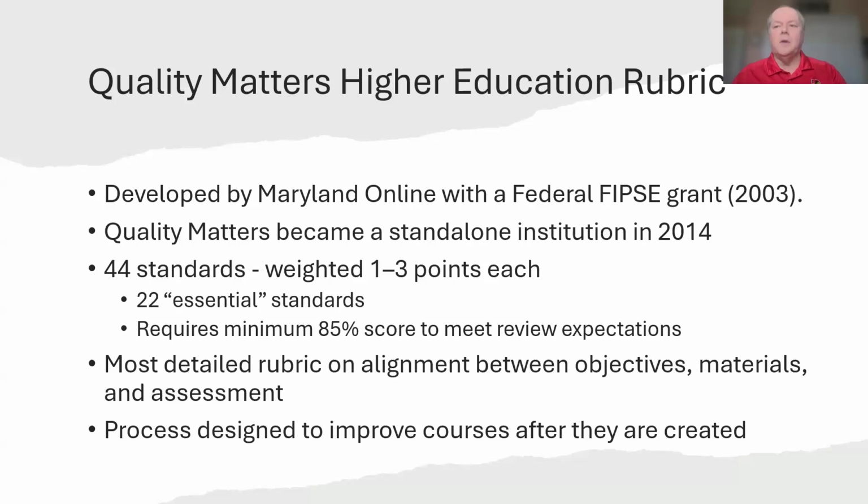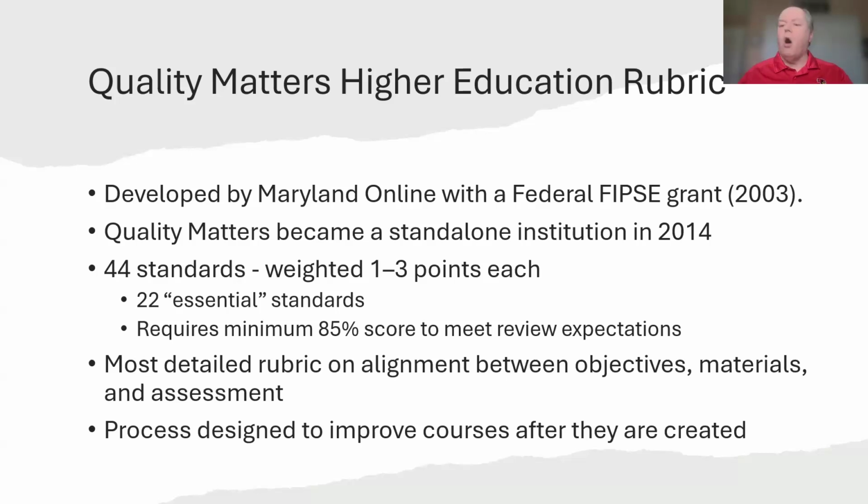The Quality Matters rubric has 44 standards, each weighted either 1 to 3. There are 22 essential standards, the 3-pointers, and it requires a minimum of 85% score across all of those standards to meet the review expectations. It's the most detailed of the 5 rubrics on alignment between objectives, materials, and assessment.